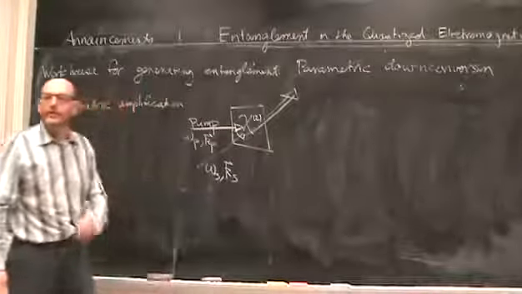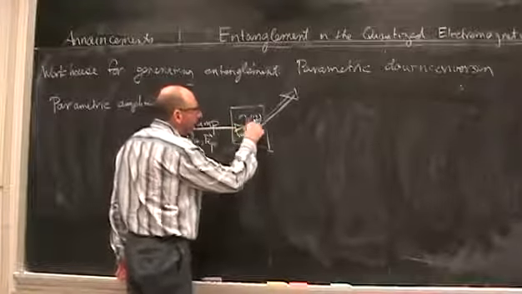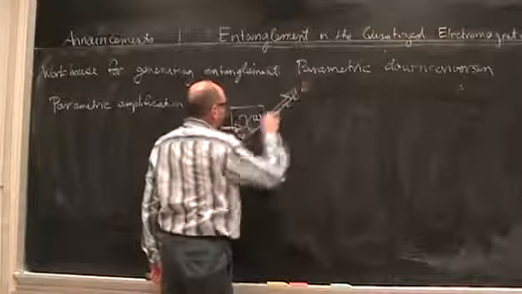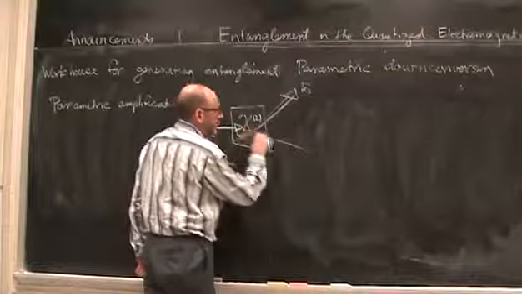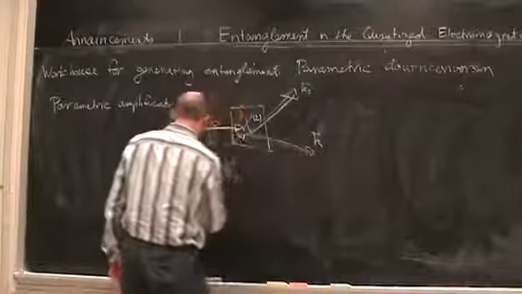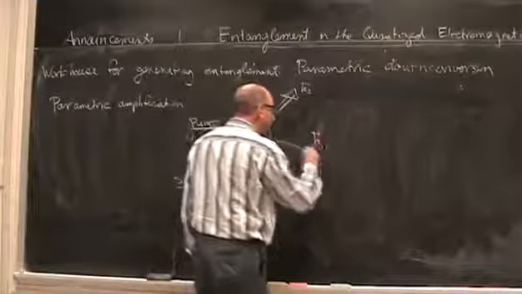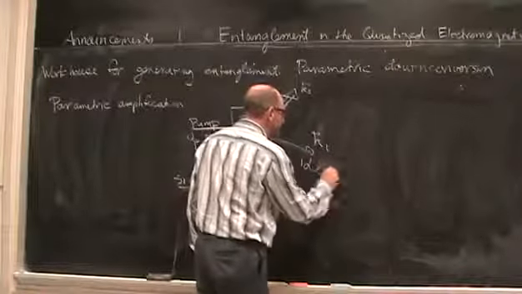That's parametric amplification. It's a three-wave mixing process, so we also generate another beam. This is the signal, and, a vestige of radio jargon, this is called the idler.